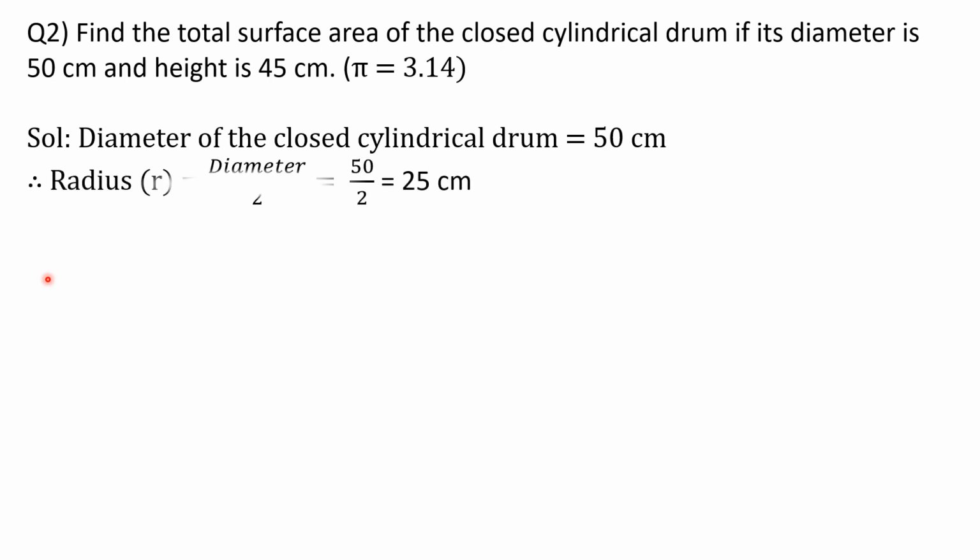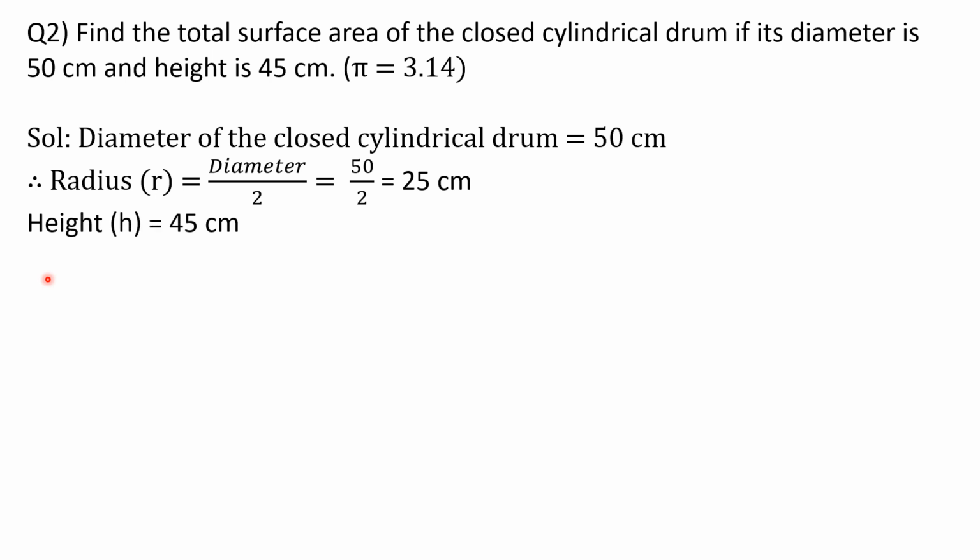Therefore, radius r equal to diameter upon 2 because radius is half the diameter. So that is equal to 50 upon 2. So we'll get radius as 25 centimeter. Okay. Now height is given. That is height h equal to 45 centimeter.